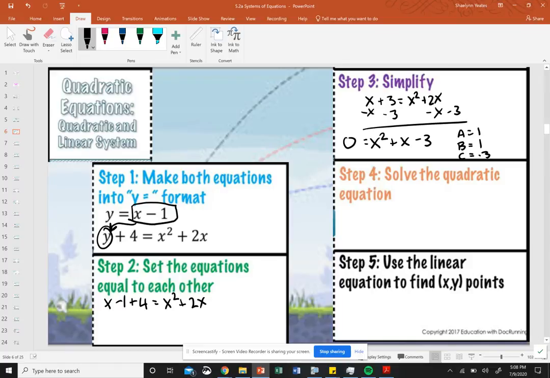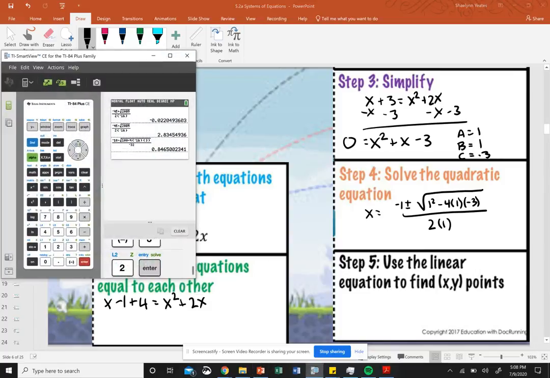Okay, and so I've got x equals negative b plus or minus the square root of b squared minus 4ac all over 2a. And then we would pull out our handy dandy calculator. We put the top on there, so we do negative 1 plus the square root of 1 squared minus 4 times 1 times negative 3, all over 2 times 1.